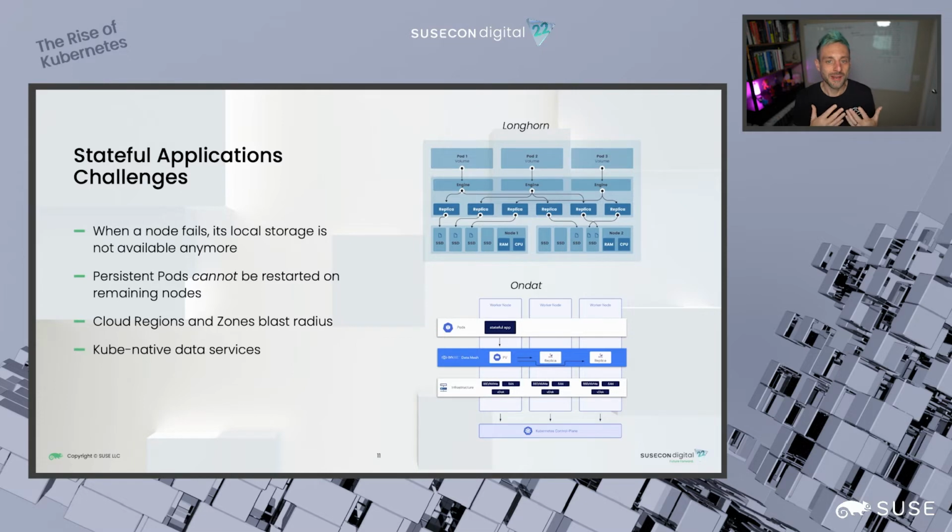Well, if you have the PVC that is attached locally and the node fails, typically after 5 minutes, you will have to tell Kubernetes to kill that pod because you want to restart it somewhere else. But when the control plane tries to restart the pod, it won't be able to do it because the volume is not available anymore. Remember, the volume is local and by default it's not replicated. So this is one challenge: what happens when the node fails?